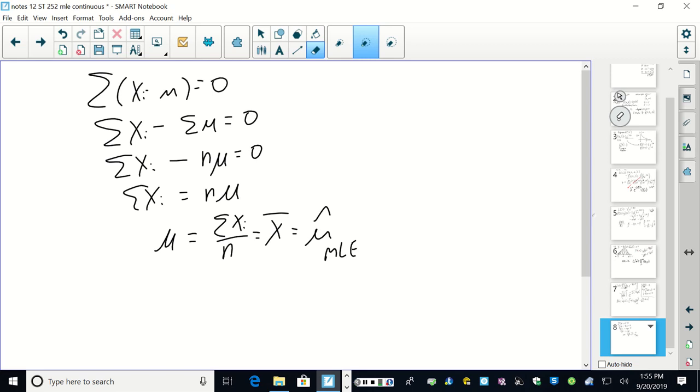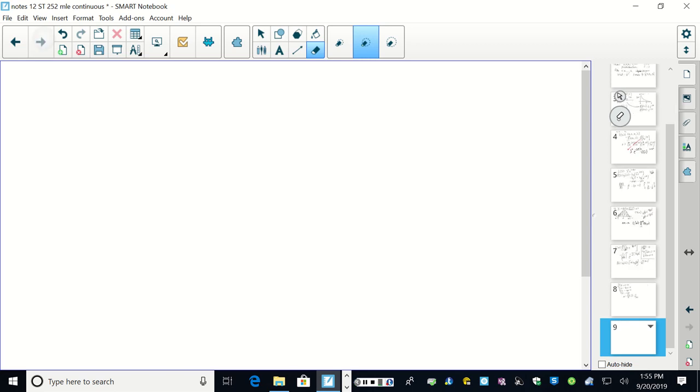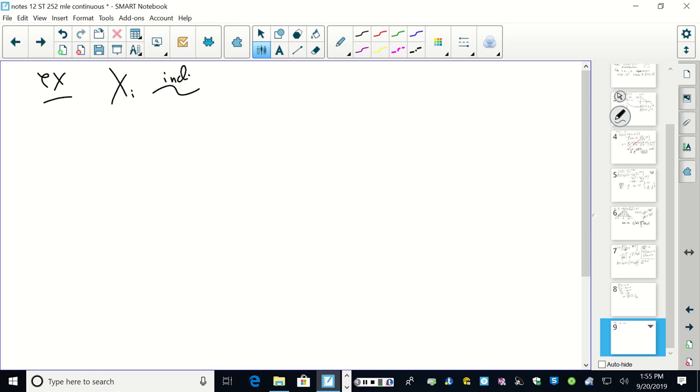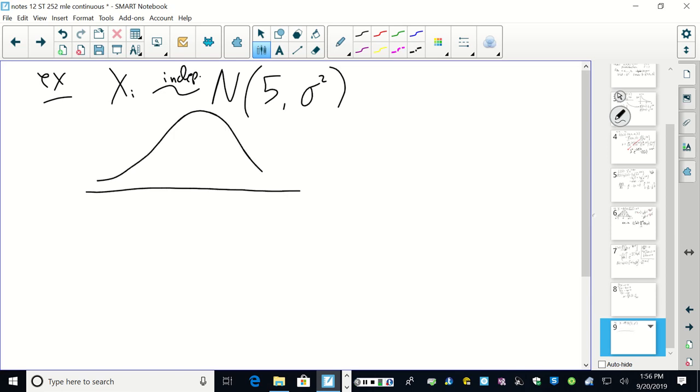Let's do one more normal, right? Let's say that the xi's are independent random variables, and they're normal centered at a mean of, say, 5 with some variance sigma squared. So this model would say that here's 5, you know it's here, but you don't know how spread out it is.